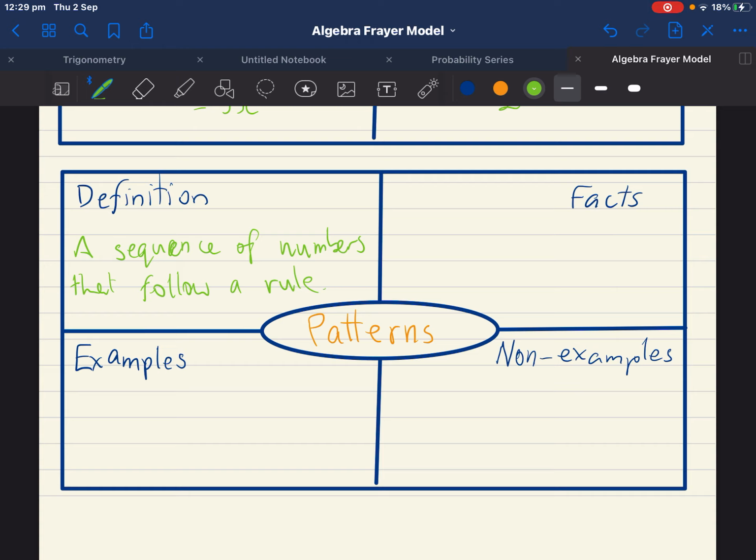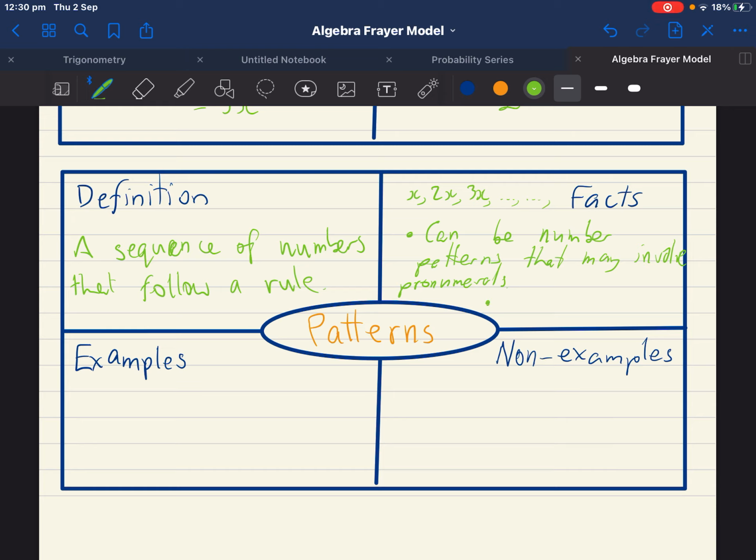Some facts about patterns. Can be number patterns. That may involve pronumerals. So, for example, what I mean by that is here's a number pattern, right, that involves pronumerals.